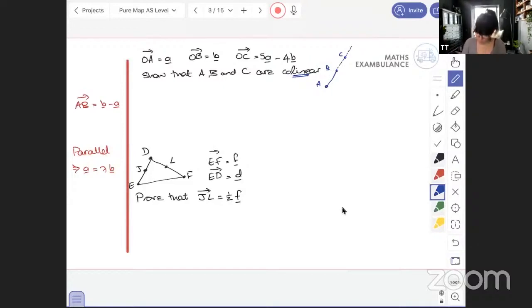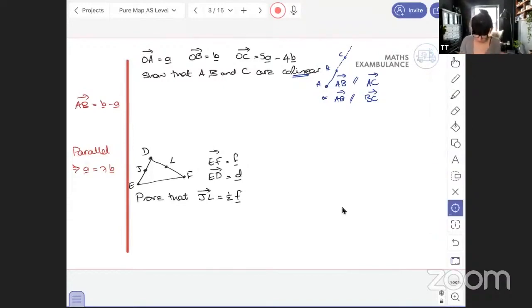The way that I would prove that is I would find the vector from A to B, and the vector from A to C. Or I don't even have to do A to B and A to C. I could do A to B and B to C. But what I want to show is that these are parallel. If these 2 vectors are parallel, then they all lie on a line. That's all you have to do, show that they're parallel.